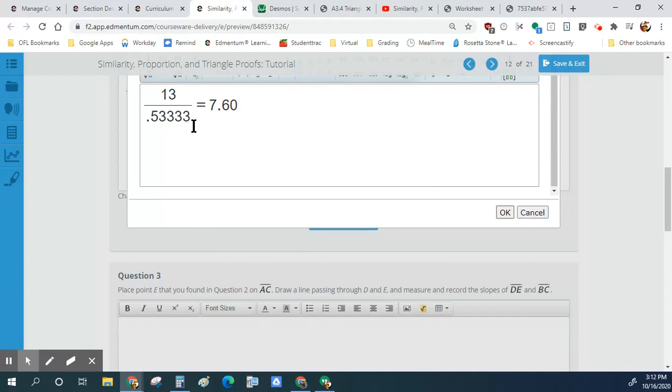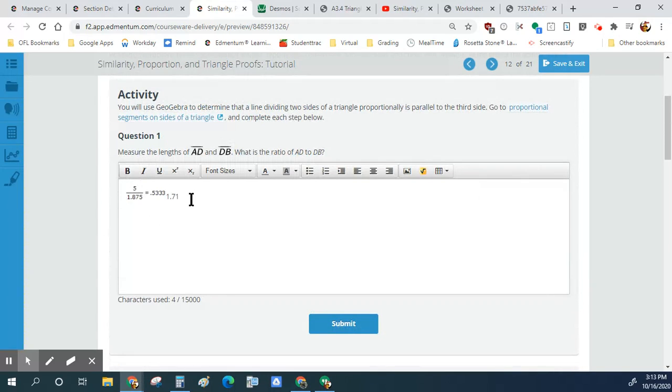So let's go back and fix. To make this simpler, I'm just going to round off a little bit. I'll fix that number right now, and you have a lot to fix here.